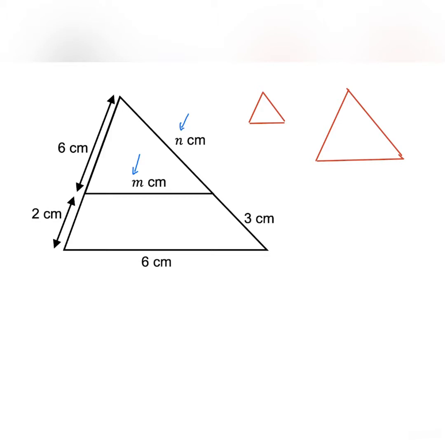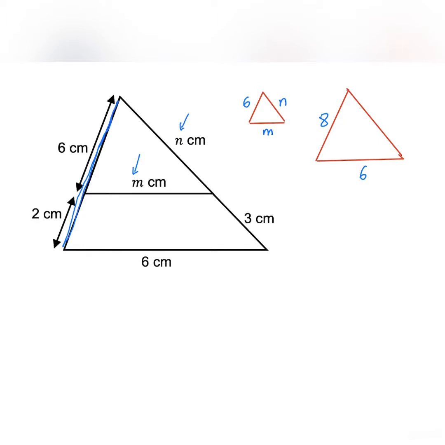So the smaller shape, we have 6 on this side here, and we got M and we got N as a length in centimeters. And then we have the bigger shape, we got 6 centimeters on the side. But if you look here, the length of this side, which is 6 plus 2, that's 8. And this is all the information that we are given.